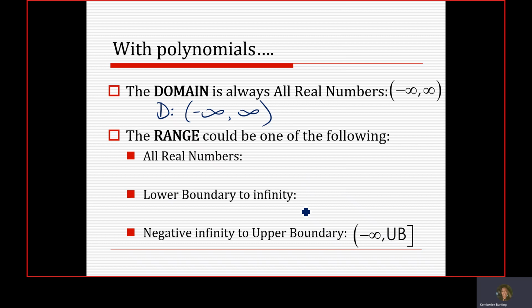It might go from a lower boundary to infinity, like so. LB for lower boundary. Lower boundary to positive infinity. Or it may go from negative infinity to the upper boundary. Go ahead and write that down, folks.